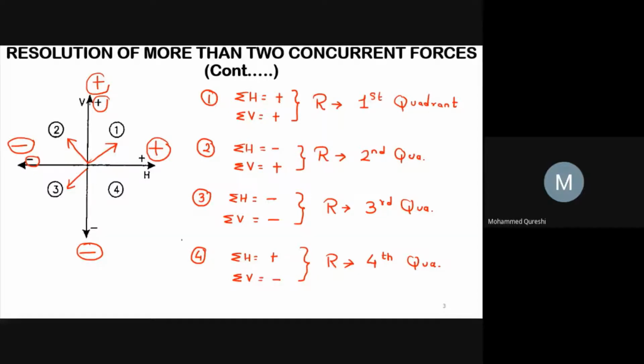And for fourth case, sigma H is positive and sigma V is negative, means your resultant will lie in the fourth quadrant. By this way, you have to plot the resultant force for the given data.